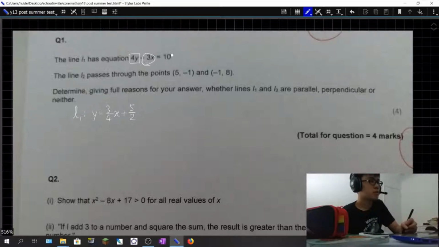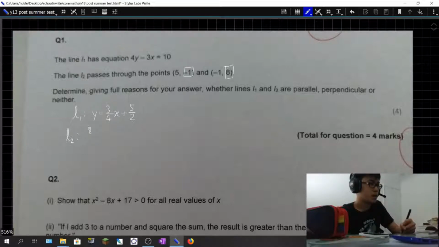So that's good. And then line 2 passes through 2 points. So from the 2 points you can get the equation of a straight line. So line 2, L2, colon, we're given this point and this point. So we want to figure out the gradient by doing the difference in y over the difference in x. So that's the difference in y.